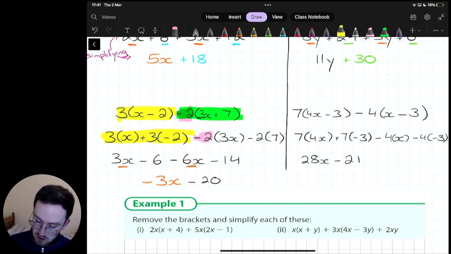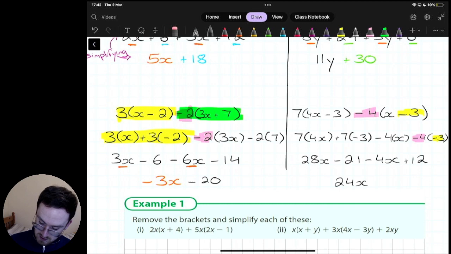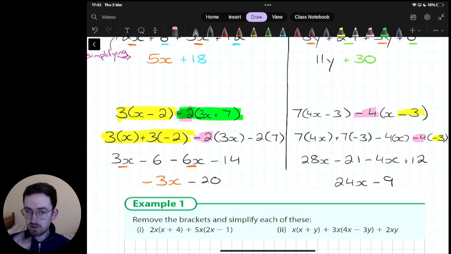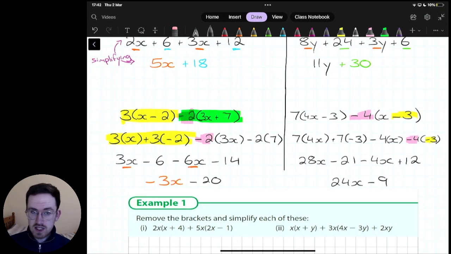So making sure we know the minus 3 here and then the minus 4 here, keeping the signs with the number they're associated with. Minus 4x plus 12, which gives me 24x minus 9. Okay, so that last one went fairly quickly, so make sure you're able to follow those ones, and it's just continuing on in exactly the same way each time.